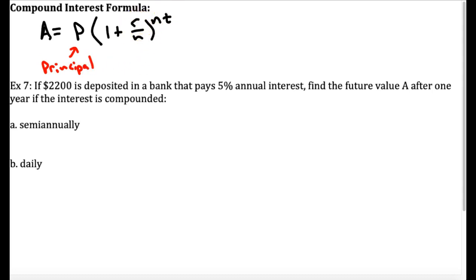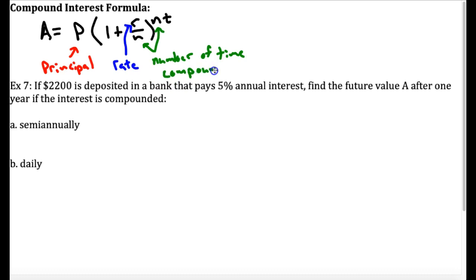R is still the rate. Now, N actually shows up twice in this formula, right? N is here, and N shows up here. N is the number of times we are compounding per year.